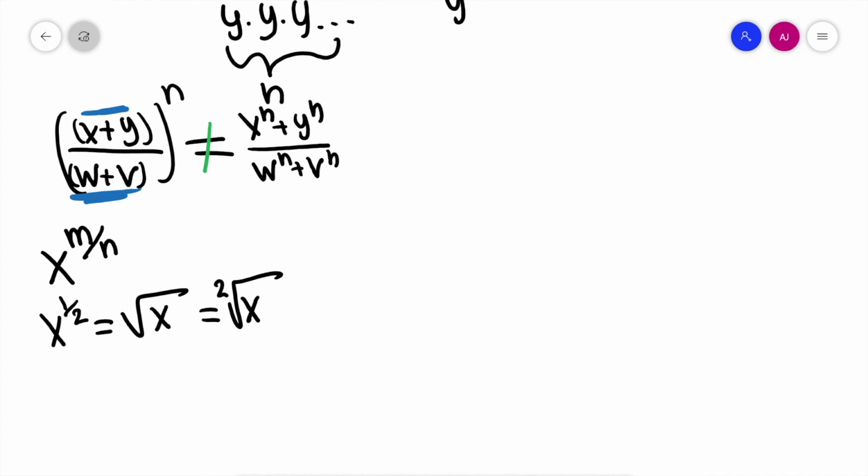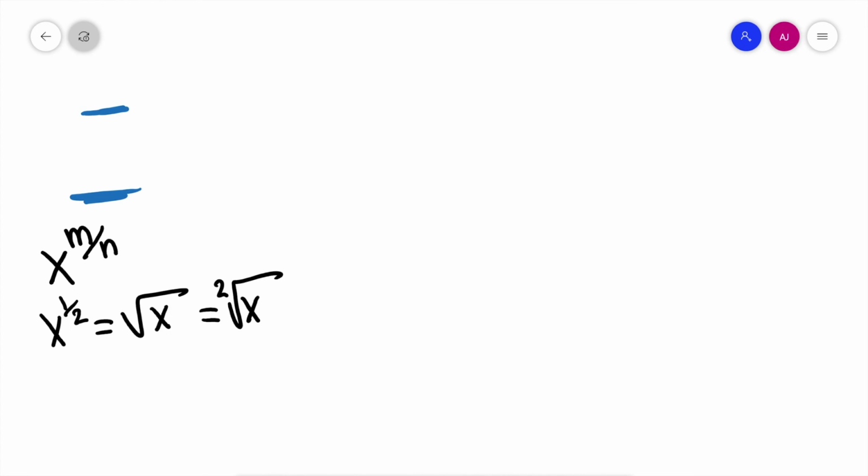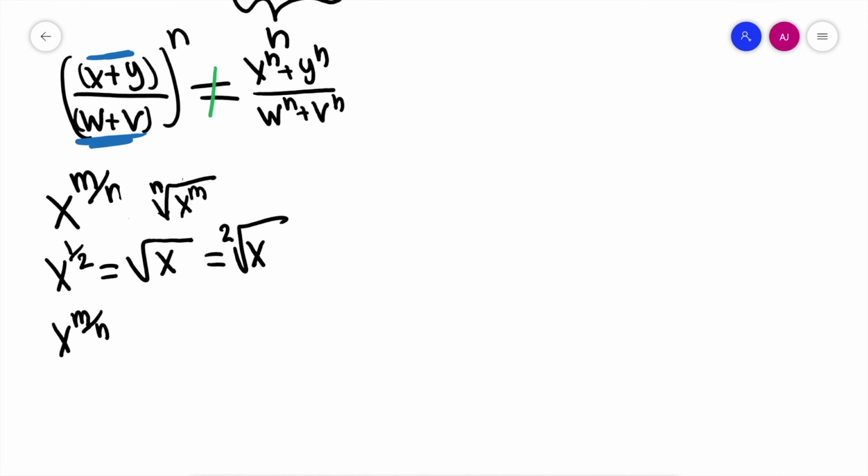And if we take that same methodology, you can see that x to the 1/2 looks like something that we could plug into m divided by n, right? If you want to look at this using fractions, we have x to the m divided by n, right? And then we can do x to the m times 1 over n, which is the same thing, right?